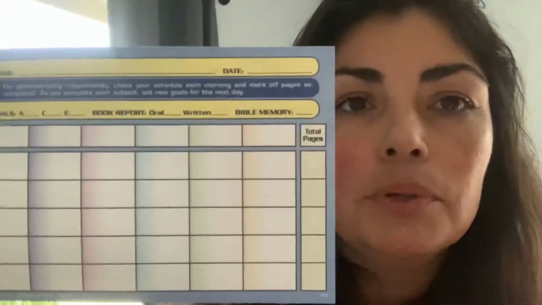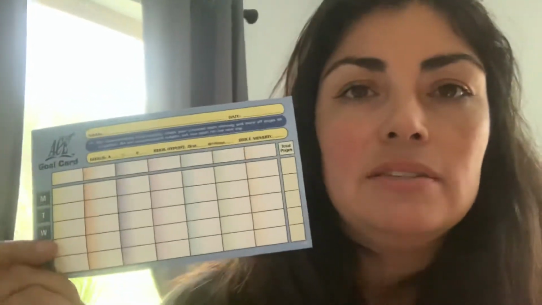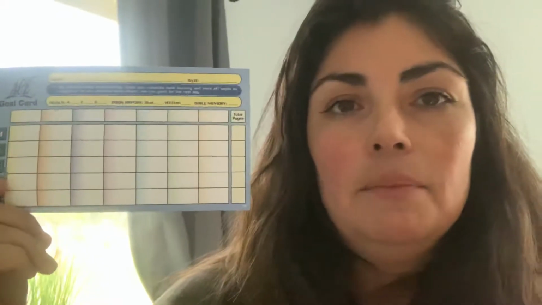Then you'll also see book report, oral or written, and then Bible memory. And that Bible memory is not for the individual pace verses that they're memorizing. It's for a Bible memory passage that your whole family can memorize together for the month.